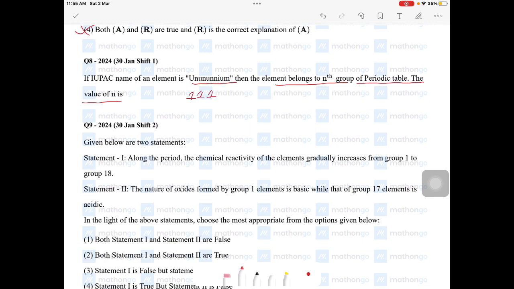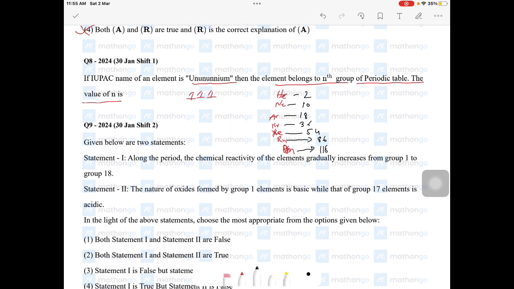How to find? Take the noble gas elements helium, neon, argon, krypton, xenon, radon, and another element, oganesson. Now helium atomic number 2, neon 10, argon 18, krypton 36, xenon 54, radon 86, oganesson 118.